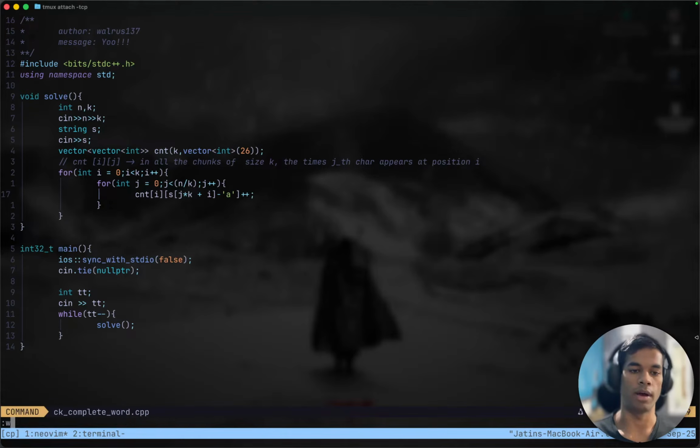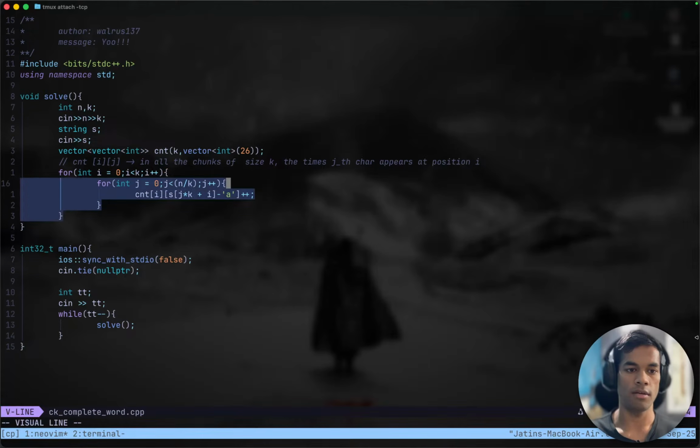We increase its count by 1, because we just saw this character at the ith location in a chunk of size K. This is the way to get the index for that particular character.